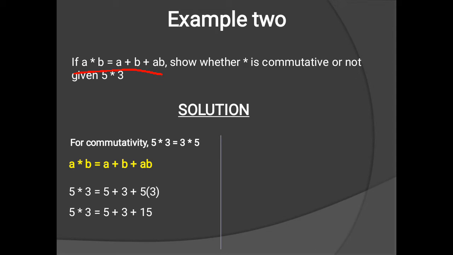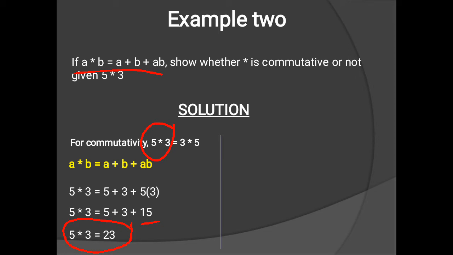So 5 plus 3 plus 15. 5 plus 3 is 8. 8 plus 15 is 23. So 5 operation 3 has given us 23.